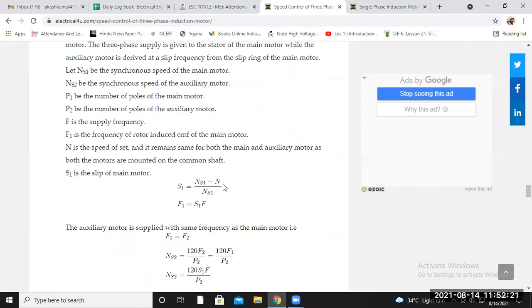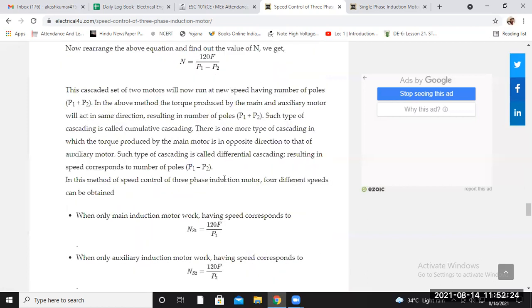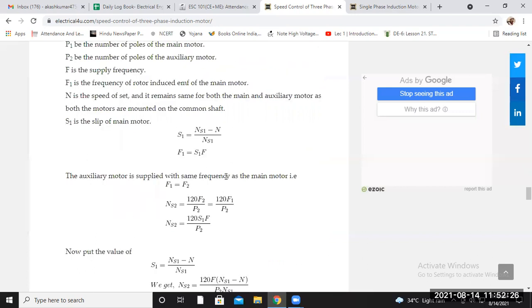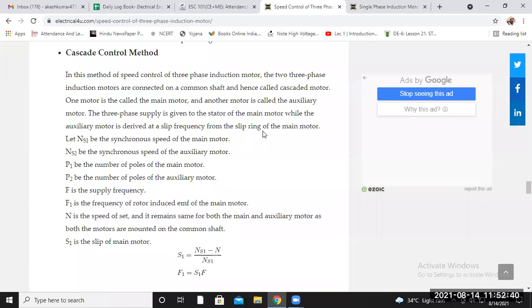Let us discuss the theoretical part of the cascade control method first.